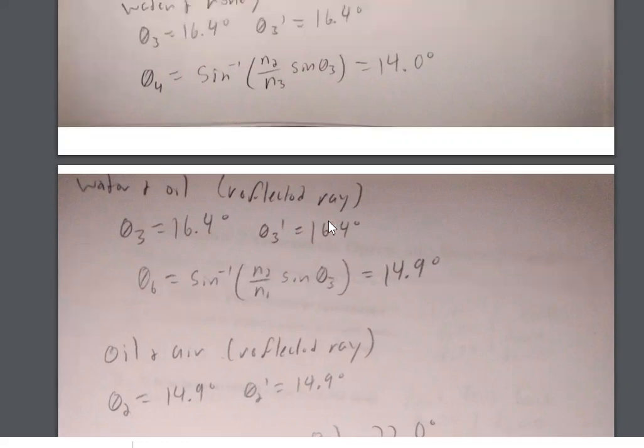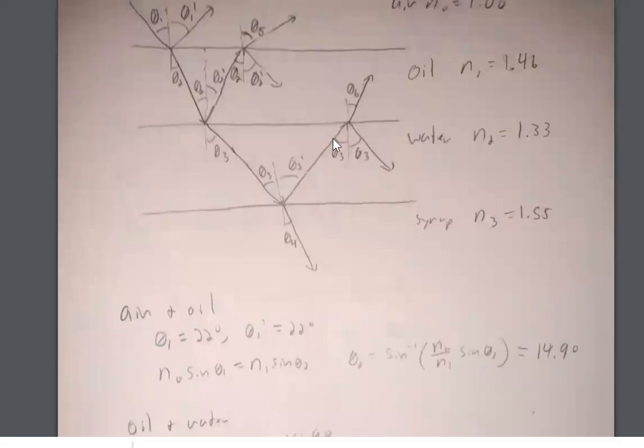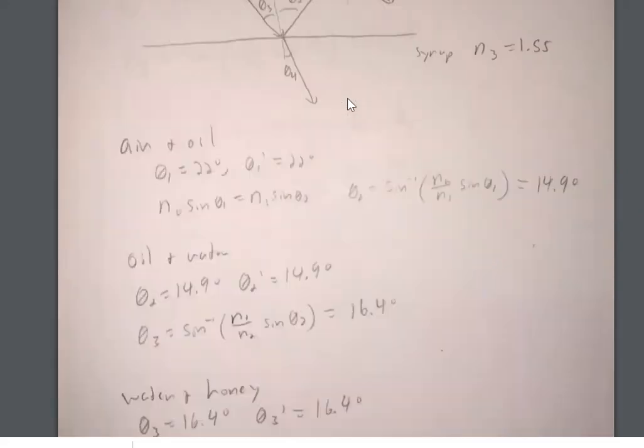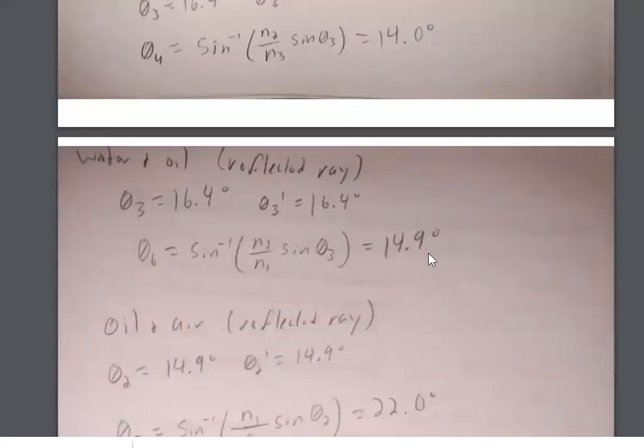So it's the arc sine of the index of refraction of the water divided by the index of refraction of the oil times sine of theta 3, because it's traveling from the water into the oil. And that turns out to be 14.9 degrees. We'll look at the symmetry of that in a minute.